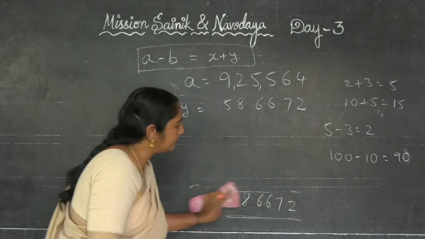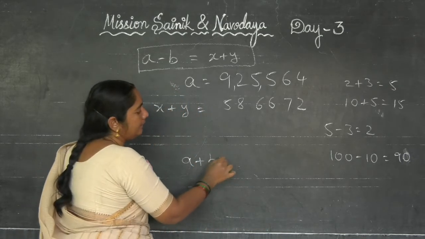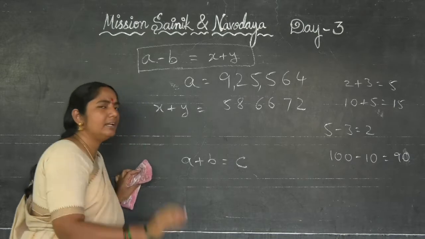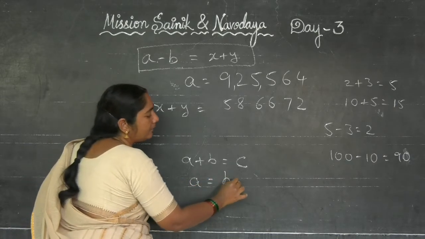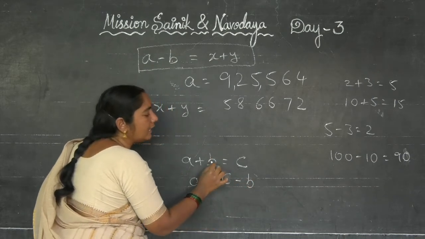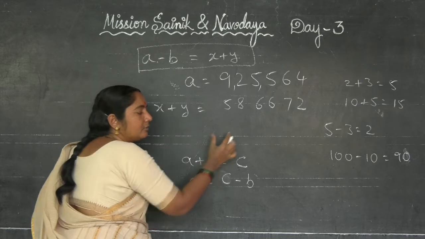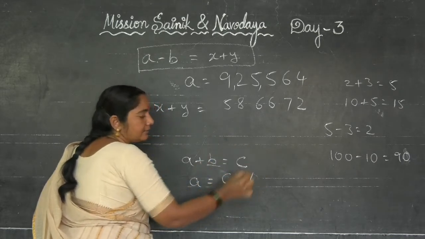Now my dear friends, please try to understand. A plus b is equal to c, for example. Then a is equal to c minus b. Whenever you are taking any number from this side to that side, this plus becomes minus.